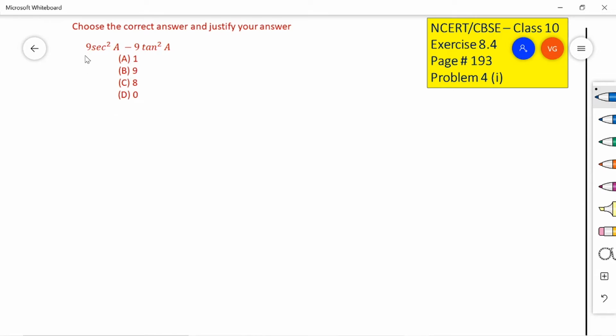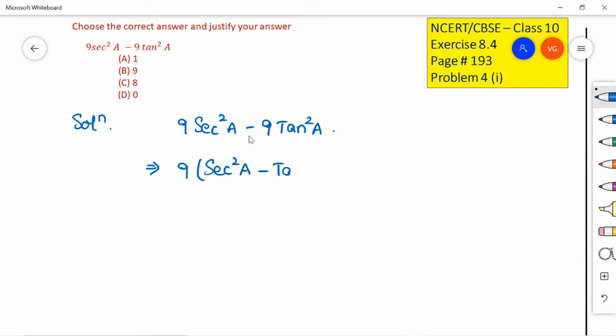So the question is 9 secant square A minus 9 tan square A. So let us solve this. 9 secant square A minus 9 tan square A. So we can take 9 common out here. So the remaining is secant square A minus tan square A. So this is of the form secant square theta minus tan square theta.